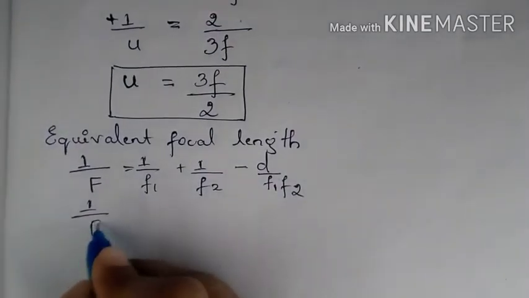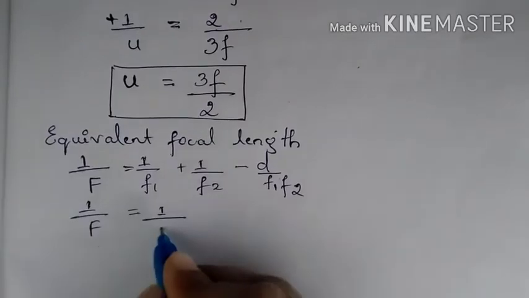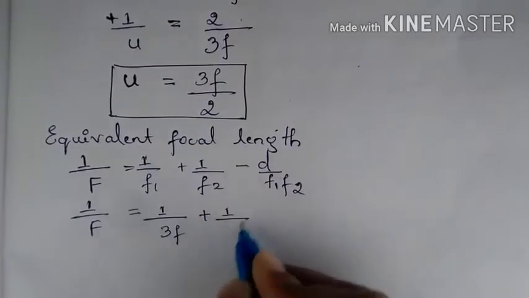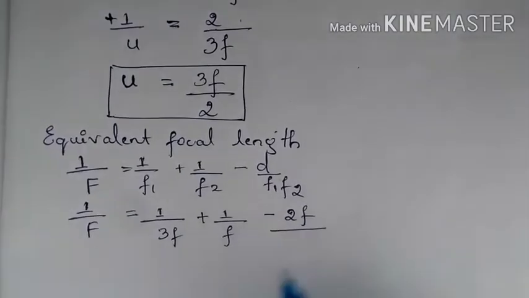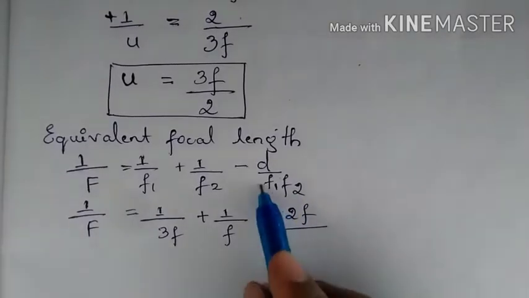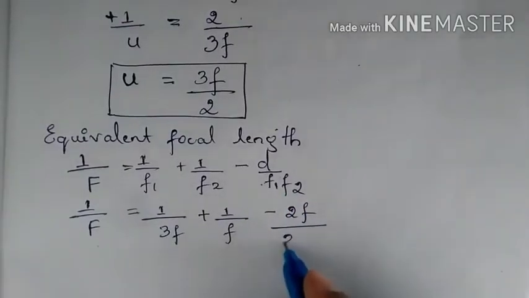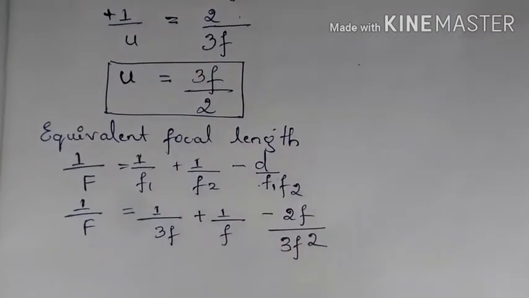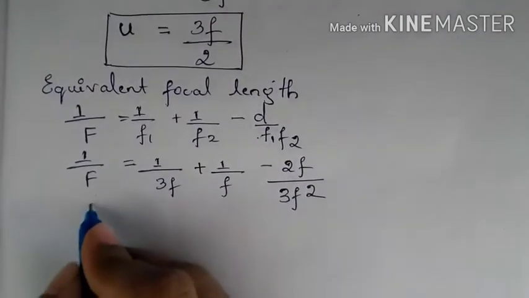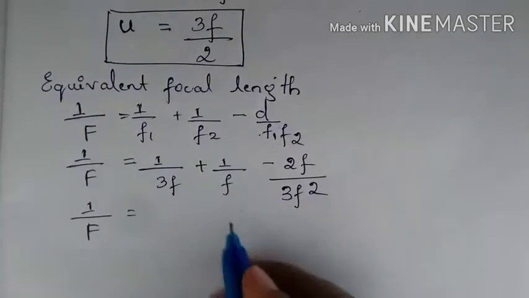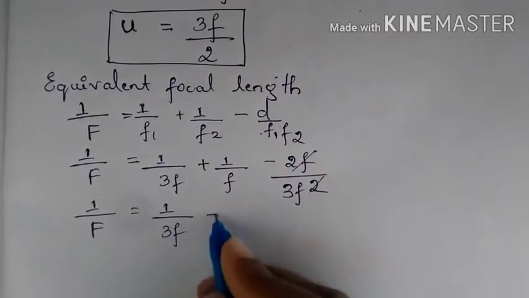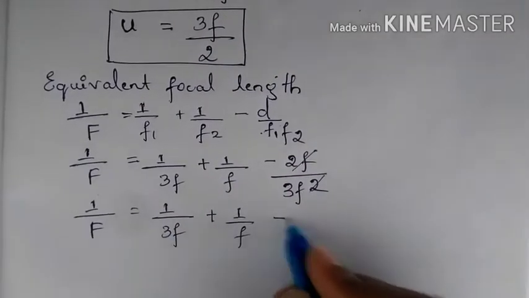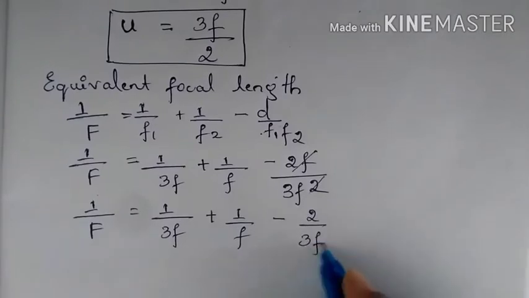So let us substitute. 1 by f1 is 3f plus 1 by f2 is f minus d is how much? So d we got as 2f. So this is again 3f multiplied by f, so that is 3f square. So next 1 by f is equals to, so f will get cancelled. What remains is 1 by 3f plus 1 by f minus 2 by 3f.